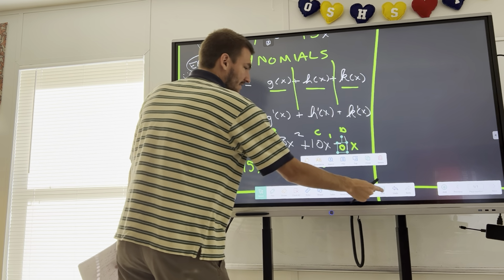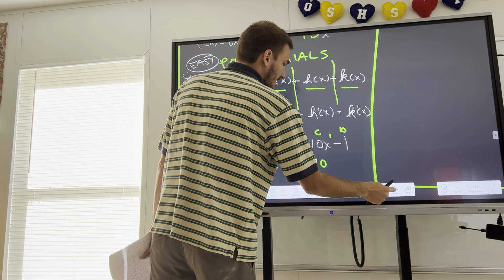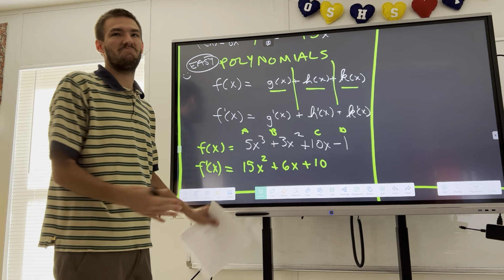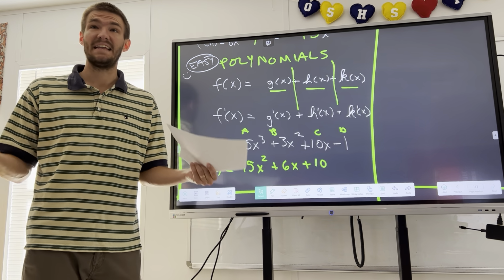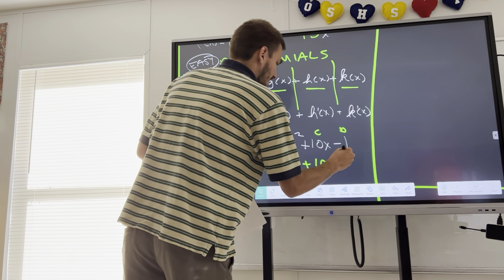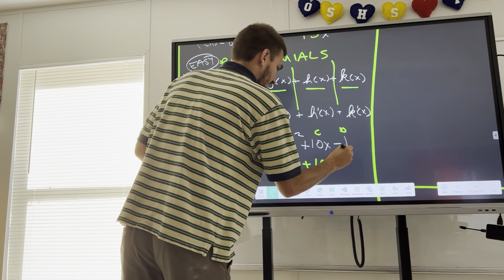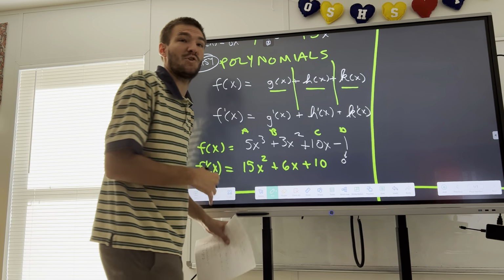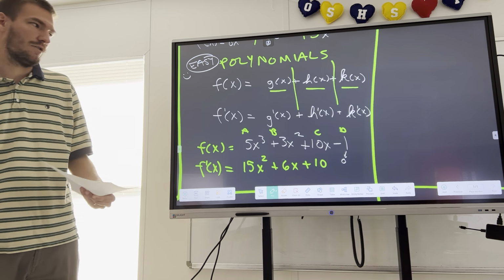What happens with constants is that they're just zero. The derivative of any constant is just zero. So this right here, zero. So we don't need to write it. We don't need to put plus zero, of course.